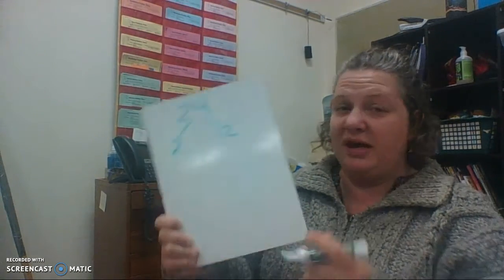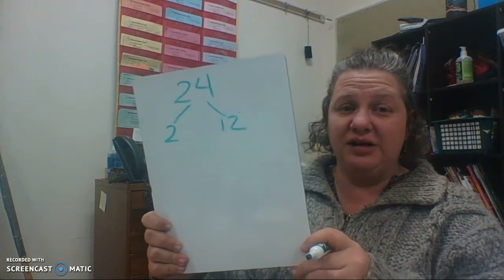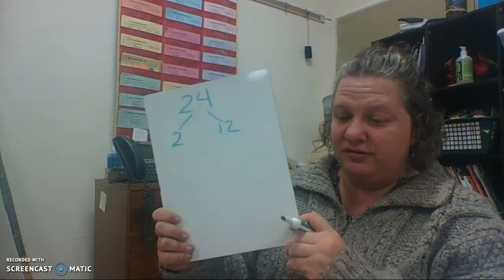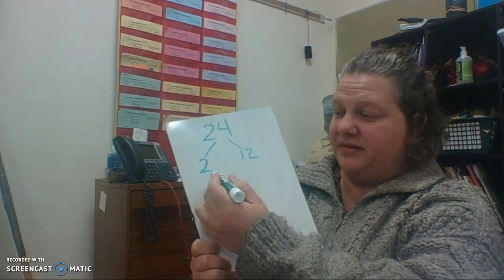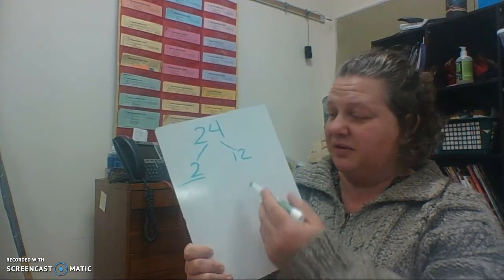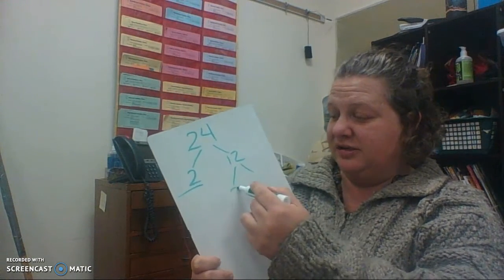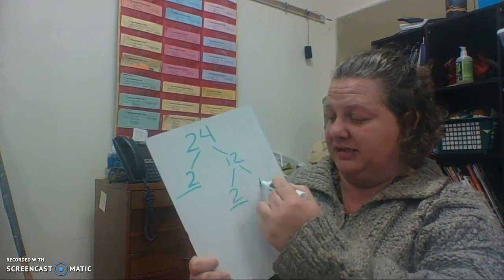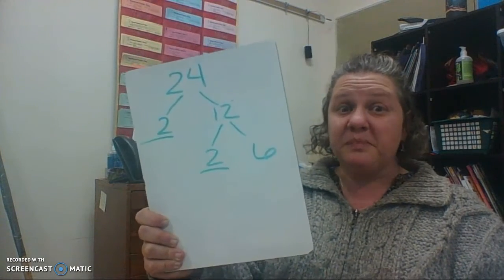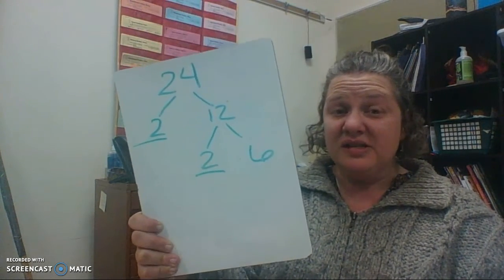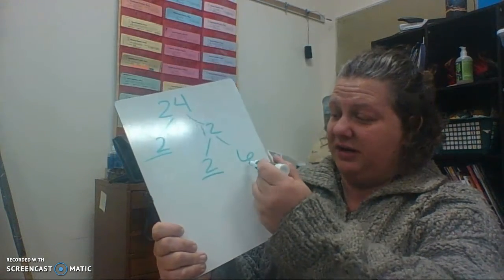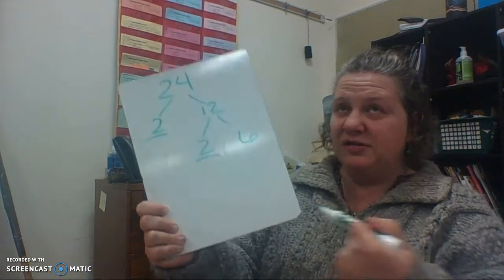Okay, so then I have a 2 and a 12. Now, 2 is prime, so I'm done there. Okay, so that's one of my numbers. 12, however, is not prime. I can still put 2 and 6 in there. So I'm going to write 2, which is now prime, and 6. 6 is not prime, though, so I can still keep going. 6, what goes into 6?